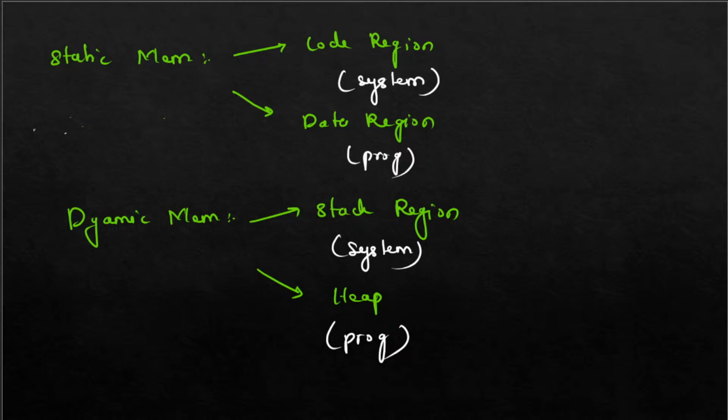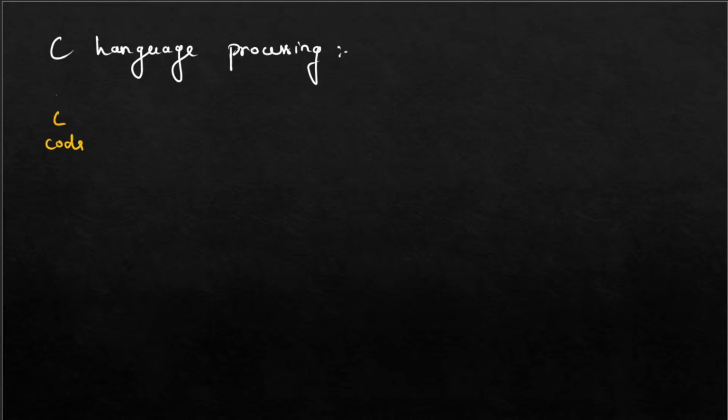Let's see C language processing, how the processing happens. So first what happens is C code is there.